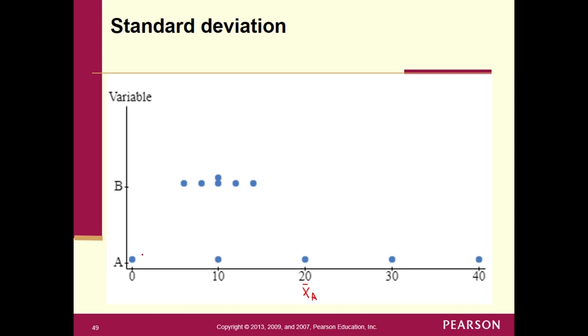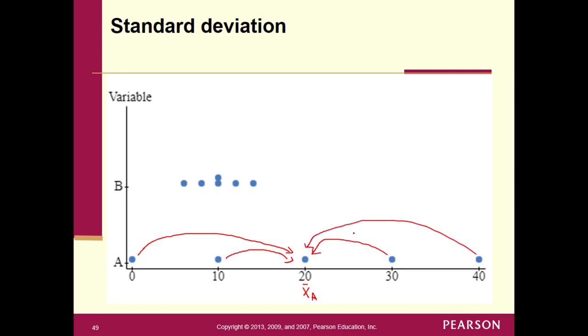And so what we're doing is measuring how far each of these observations are from the center. There's no deviation for this one because that observation is exactly equal to the mean. But we're measuring how far each of these observations are from the center.